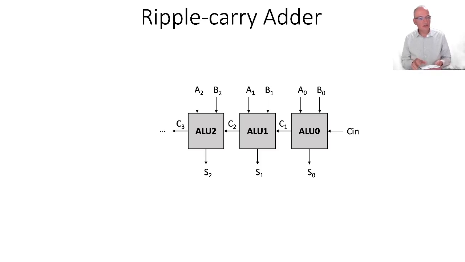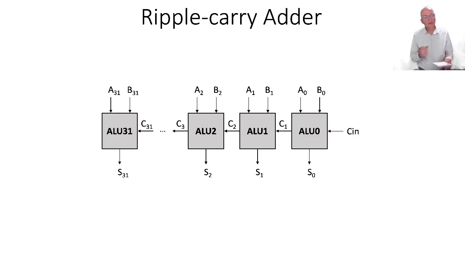So in this example here, I can go all the way to bit 31. If I want to do a 32-bit adder, because remember, if I'm adding T0 to T1, I'm adding 2 32-bit numbers, I can use this circuit to do the addition. And what I have now is that in the end, I'm going to get the 32 bits for the sum.